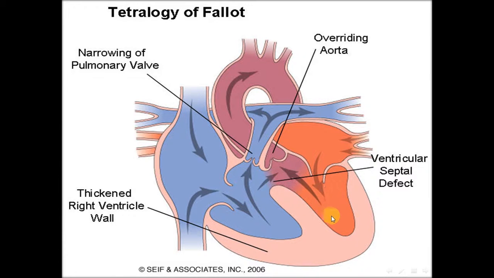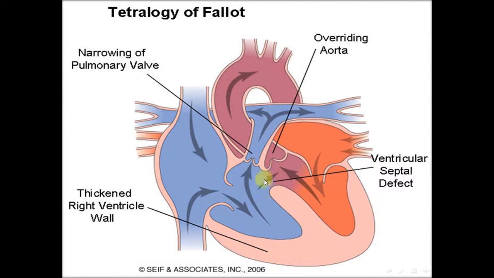Why? Because we have a basic law in physiology that fluid in our body always takes the easiest and shortest path. So it goes from the right ventricle to the left ventricle.